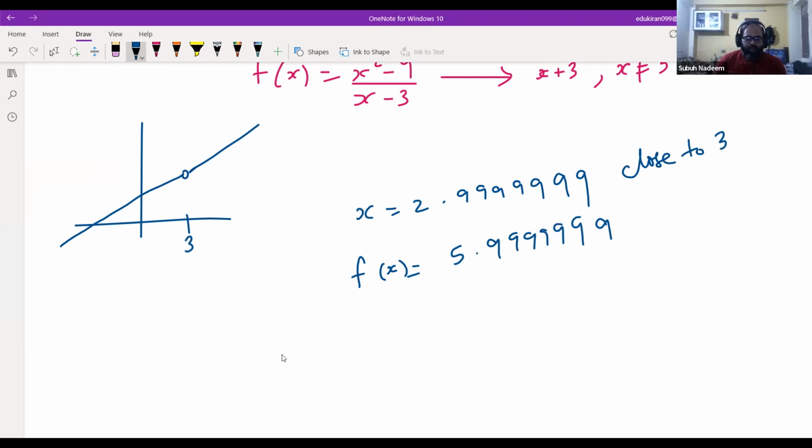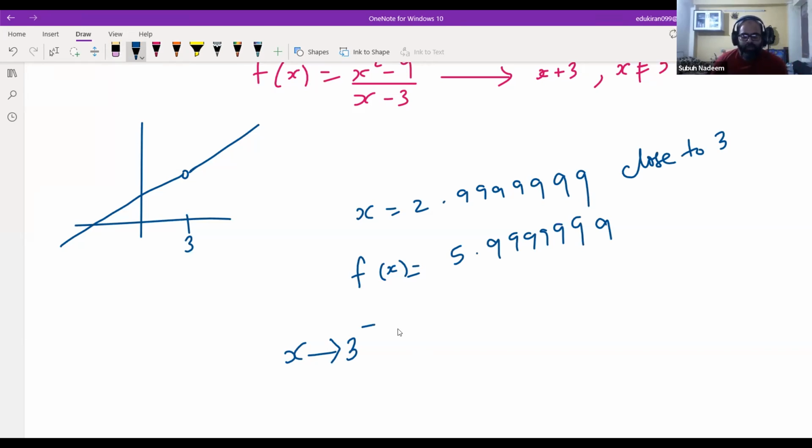So that value is written like this: x is 3 minus. This simply means that it is very, very close to 3 and on the left of 3, but it is not 3.